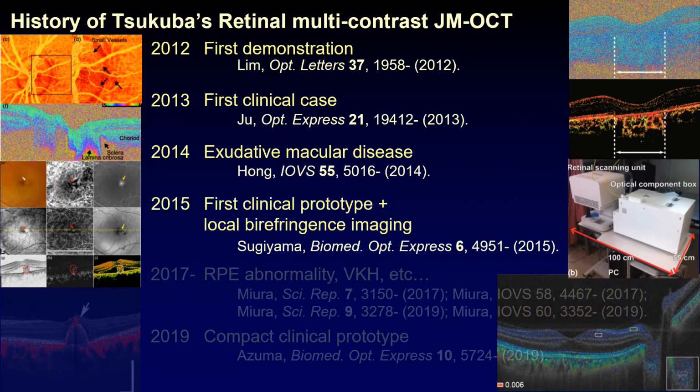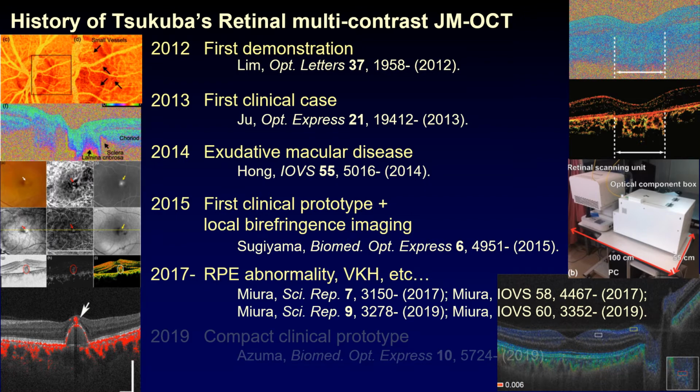And in 2015, we released the first clinical prototype, equipped with a function to measure the local birefringence of the sample. Since 2017, we did several clinical case series measurements, which include RP abnormality evaluation and Vogt-Koyanagi-Harada disease evaluation.